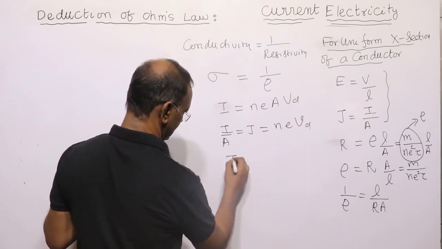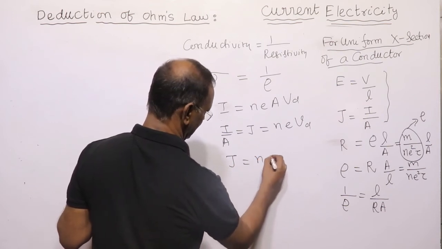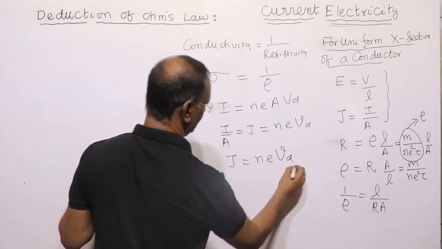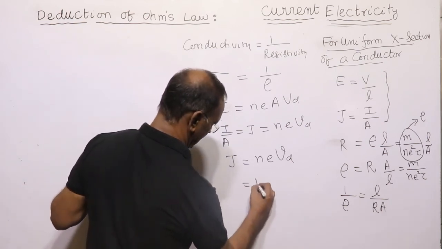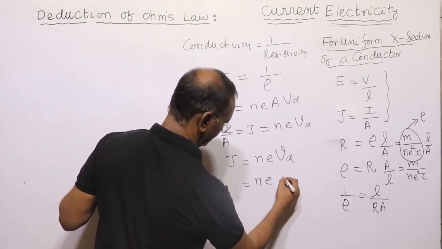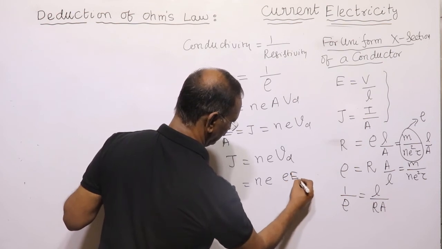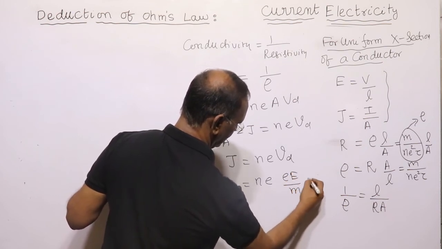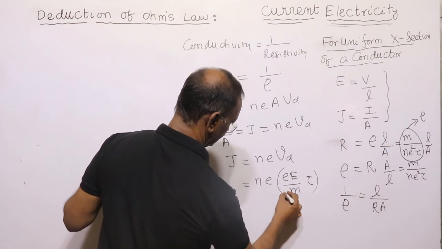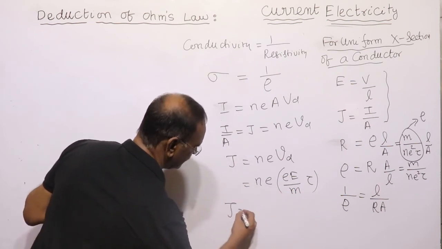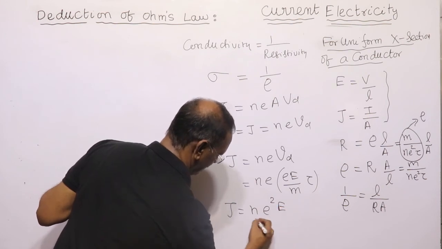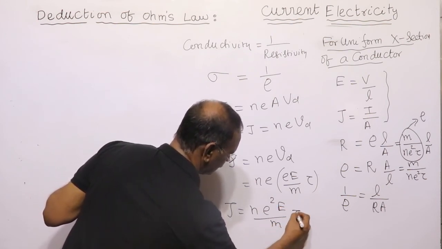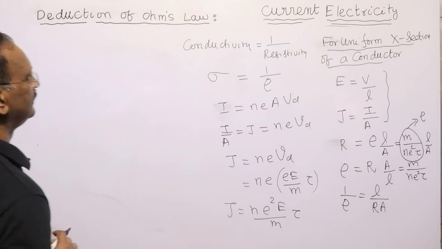That is, current density is equal to n into e into Vd. If you substitute for Vd, n into e into Vd, where Vd is equal to e E divided by m into tau, this is the expression for Vd. So current density is equal to n e square E by m into tau. Current density can be written this way.